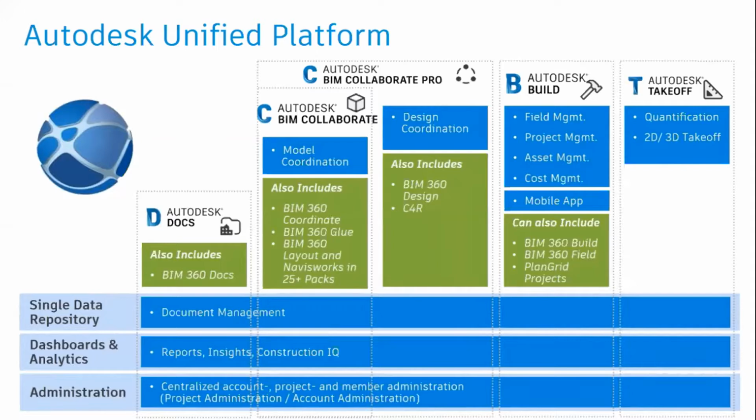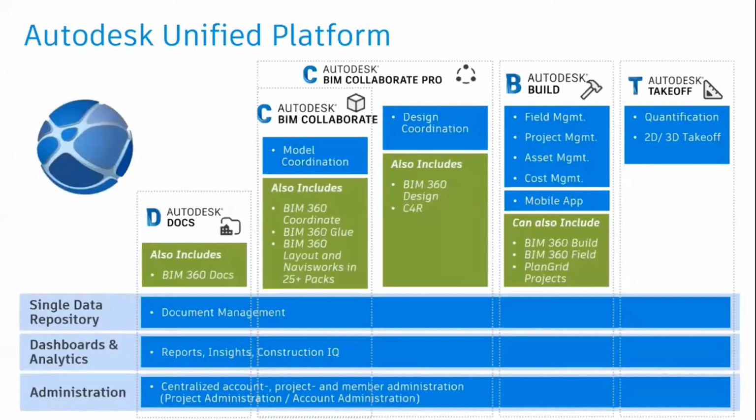Autodesk BIM Collaborate also includes BIM 360 Coordinate and BIM 360 Glue, which are for clash detection and model coordination. One of the interesting things here is that BIM Collaborate Pro, which is the evolution of BIM 360 Design, includes everything within BIM Collaborate. So current subscribers to BIM 360 Design might have already noticed that they have additional tools for model coordination.